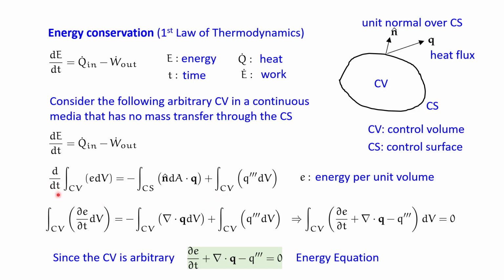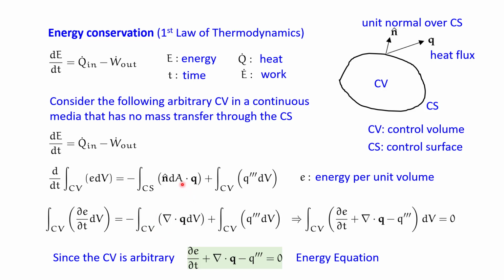Now this d/dt, we can take inside the integral simply by writing del e/del t. This is something that we know as the Leibniz rule. Those details are not necessary. You only need to recall that as we insert d/dt inside the integral, it becomes a partial derivative. On the other side, we wish to change the surface integral to a volume integral, and we can do so by using the Gauss divergence theorem.